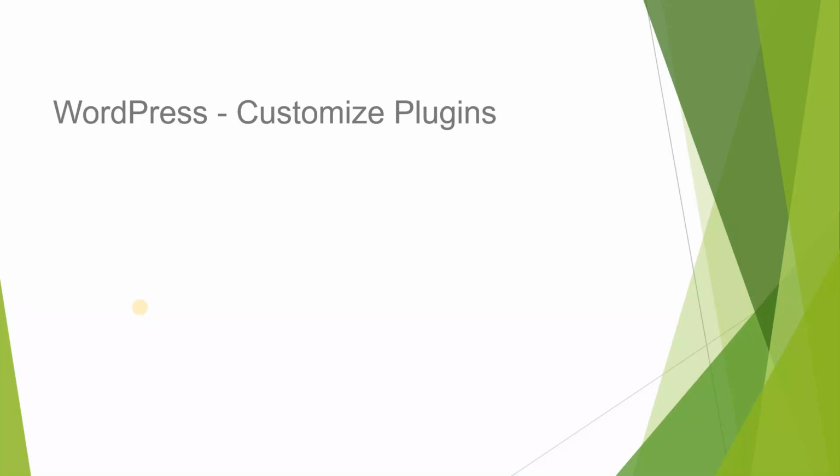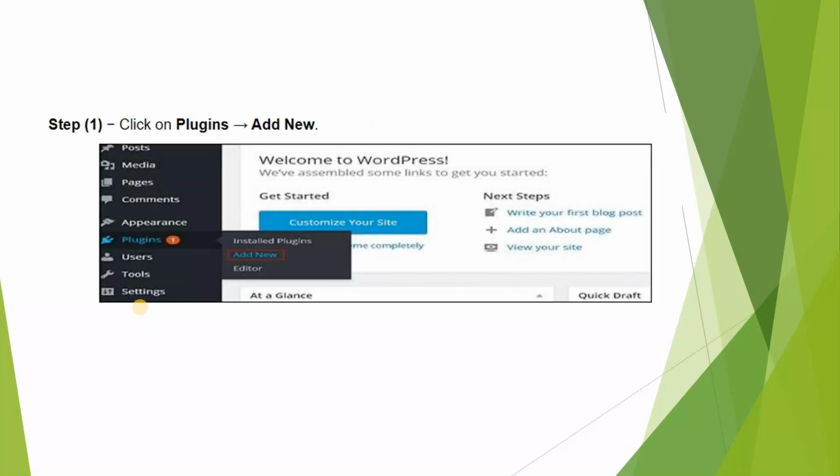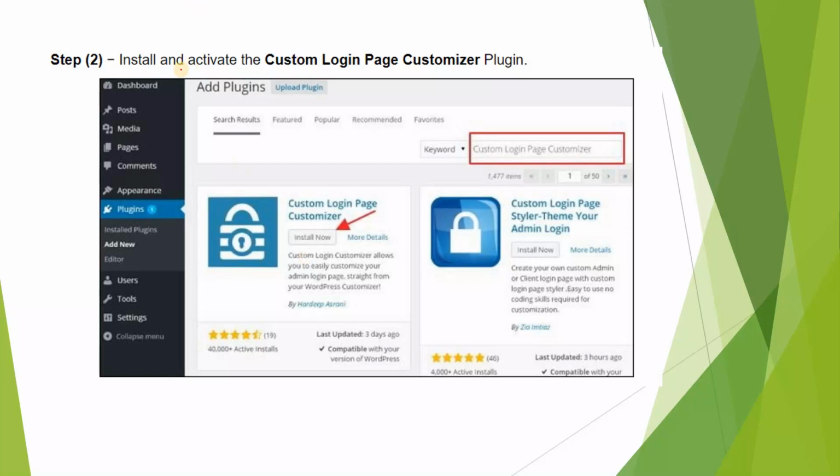Again, for making your website use customized plugins, you have to follow some steps. First, go to plugins, click on add new. Then you will see the custom login page customizer.